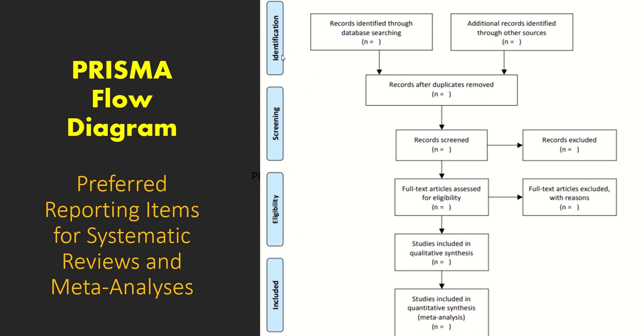And here, for example, there are 4 stages for reviewing the literature. So we call it the PRISMA flow diagram. So you can use this PRISMA flow diagram. If you search this word, you can find the template with more details.